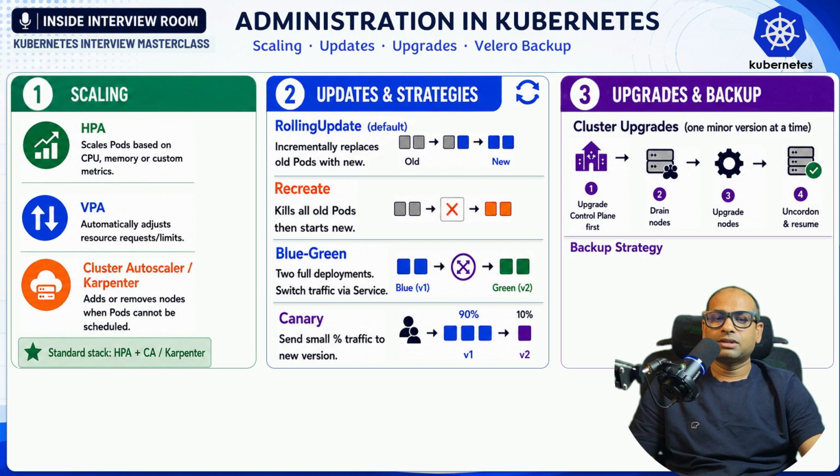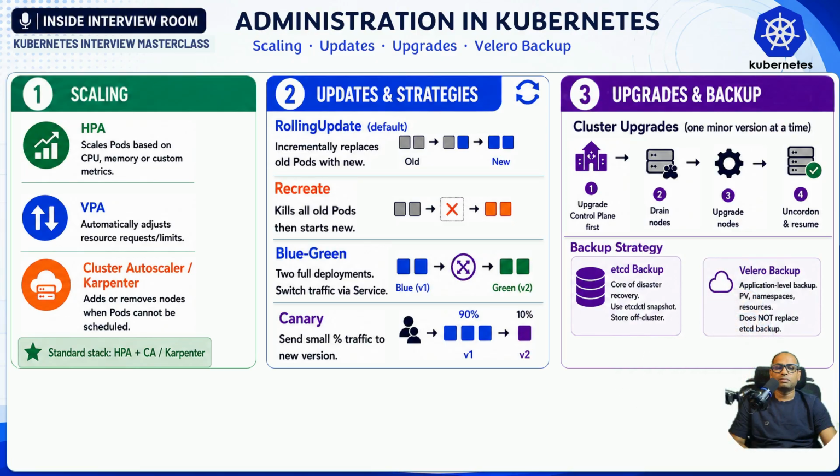What is the backup strategy? You always back up your etcd for disaster recovery. Use etcdctl snapshot, store off-cluster, or Velero backup, application-level backup, PVs, namespaces, resources. This does not replace your etcd backup.